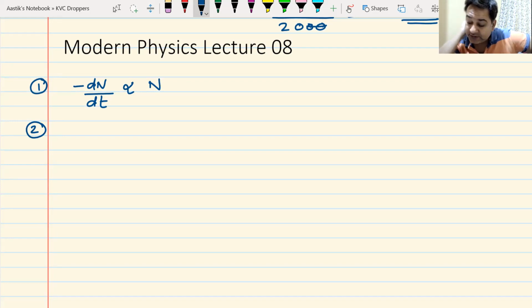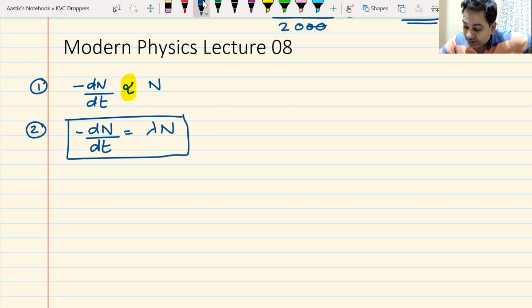We will remove this proportionality sign, and in the place of the proportionality sign, what will come? See, you have no idea of what I'm talking. Okay, idea has started to come. Minus dN by dt will be equal to lambda N. Do we all remember this?